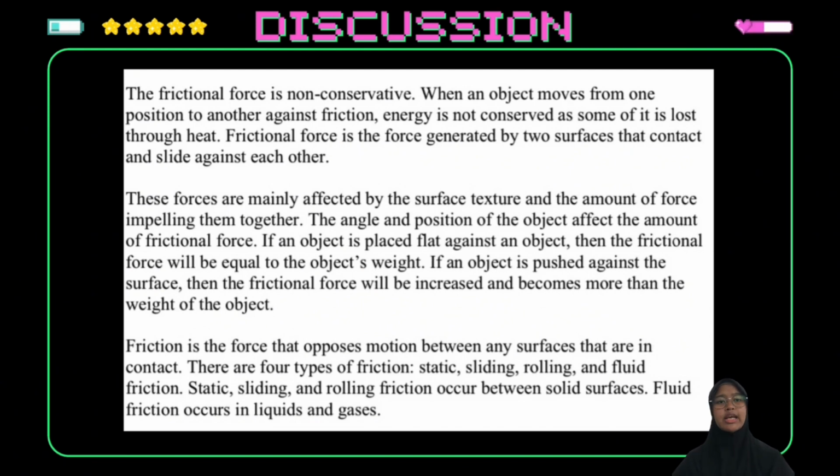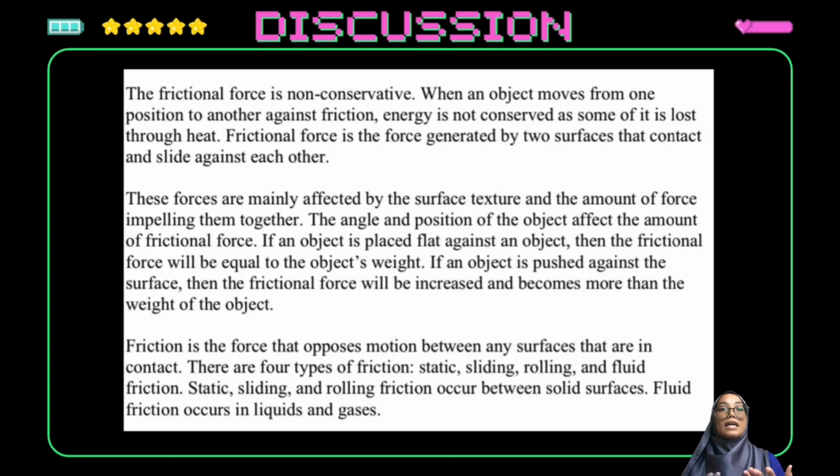Frictional force is the force generated by two surfaces that contact and slide against each other. These forces are mainly affected by the surface texture and the amount of force pressing them together. The angle and position of the object affect the amount of frictional force.